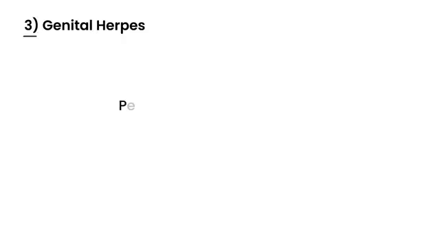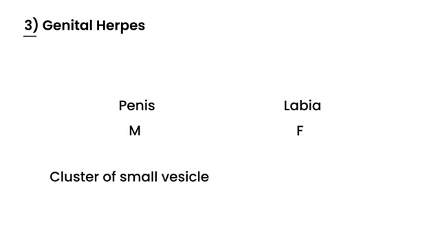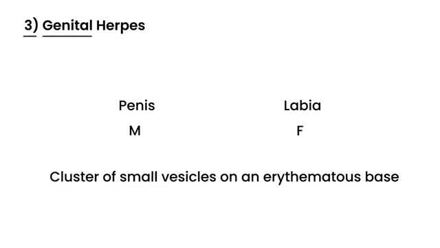And basically what you have is, on either the penis in a man or the labia in a female, very similar vesicles, a cluster of small vesicles on an erythematous base. So very similar to the previous description, but this time it's appearing in the genital area.